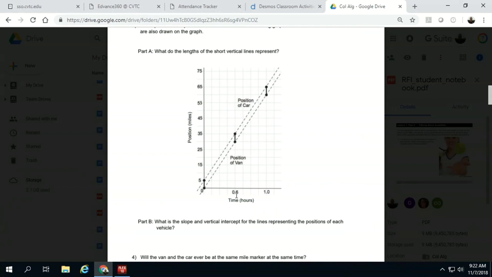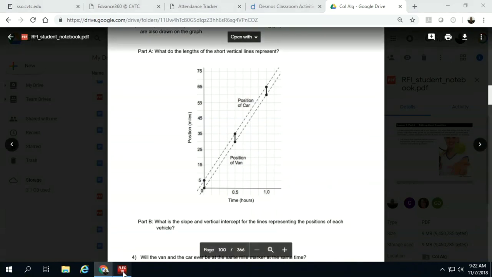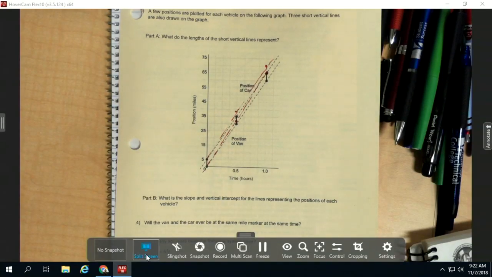Because what was supposed to have happened was they got the 0, 0 right, correct? But at half an hour, the van was at 32.5 and the car was at 37.5. So it should be moved up about 2.5 miles.